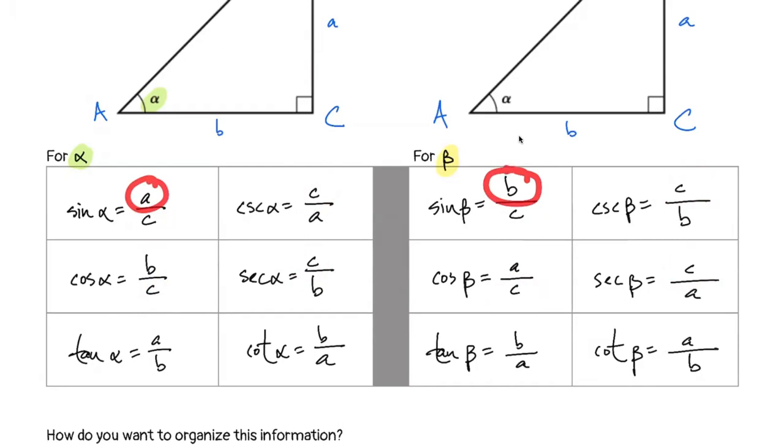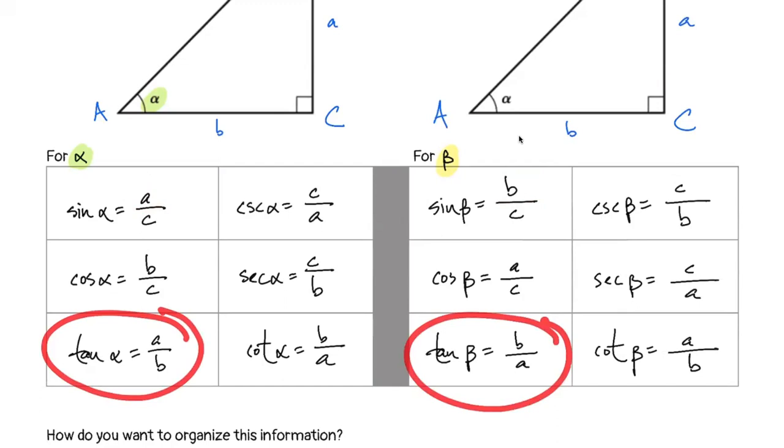Yeah. So wherever there's an A, now there's a B. Okay, cool. What else do we see? These are all awesome observations. Oh, so this tangent is actually the reciprocal of that tangent. That's interesting. Yeah, I would agree they are, right? A over B is the reciprocal of B over A.